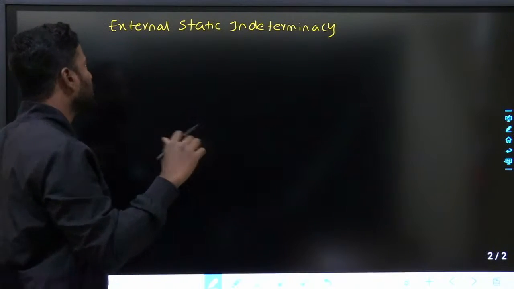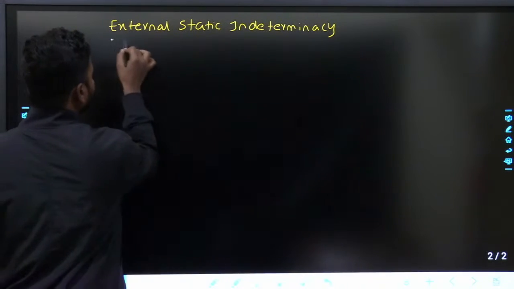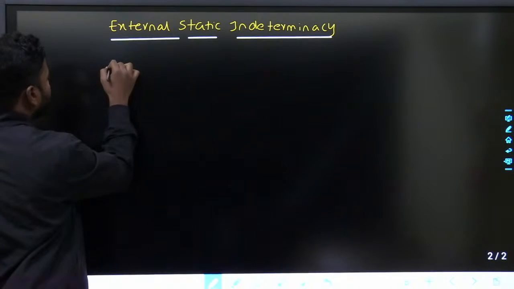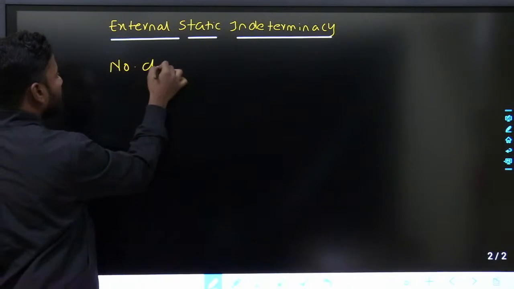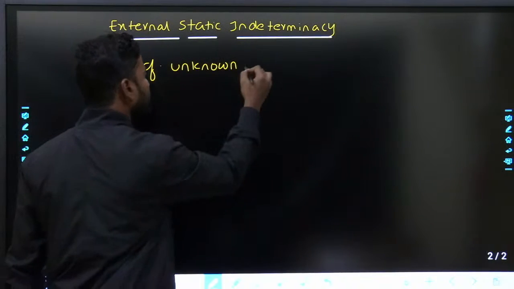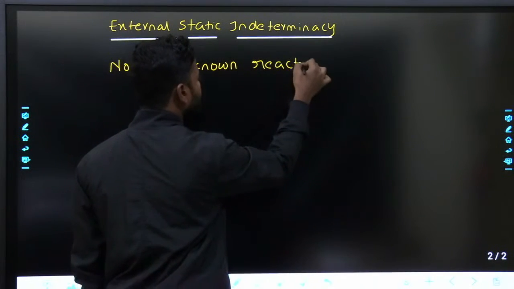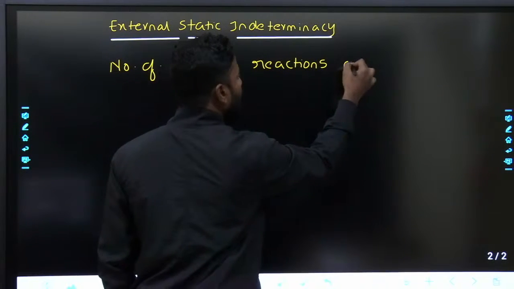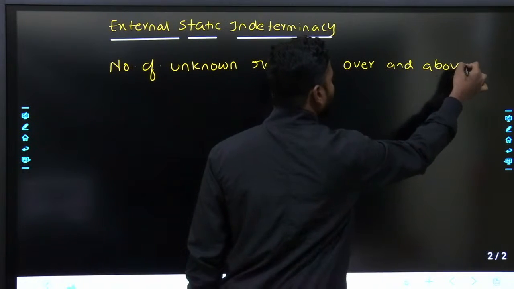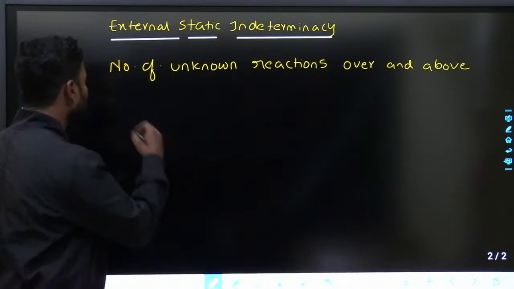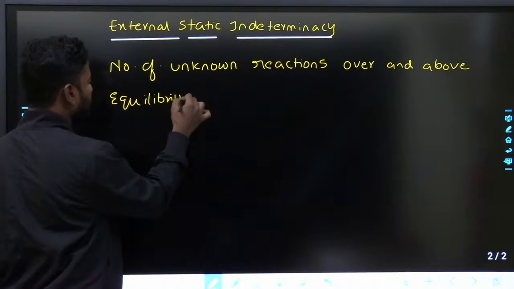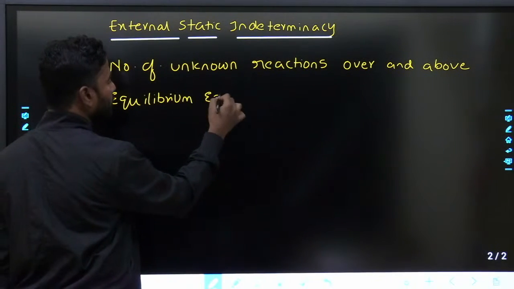For all of them, the common definition or explanation would be simple: number of unknown reactions over and above equilibrium equations. Number of unknown reactions over and above equilibrium equations.